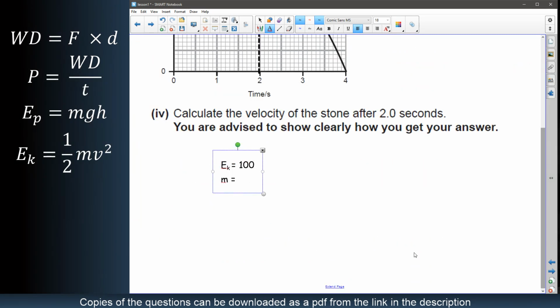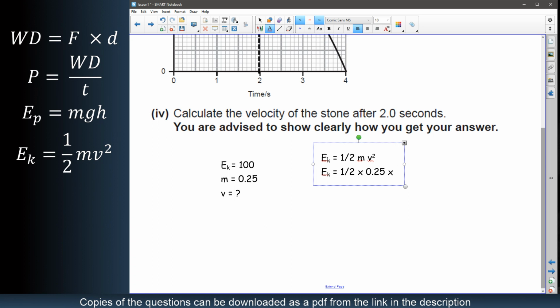Okay, we know that the mass of the stone was equal to 0.25, and we're being asked for v equals question mark. Right, so this is our kinetic energy equation, left hand side, bottom equation. So EK equals 1/2 mv squared. So EK equals 1/2 times 0.25 times v squared.